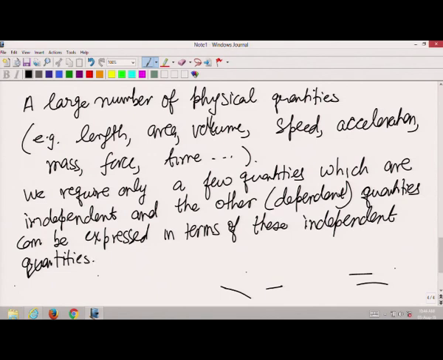So, this gives us the concept. The quantities which we choose as the independent quantities, we call them as the fundamental units.